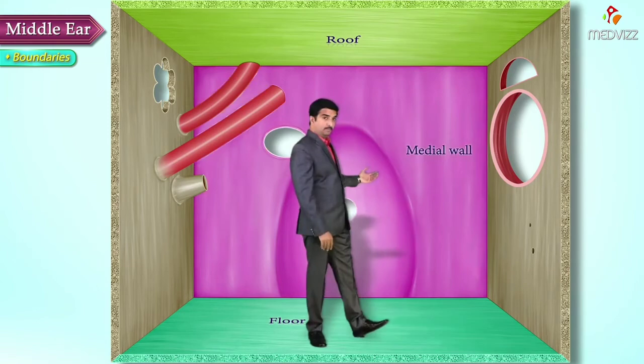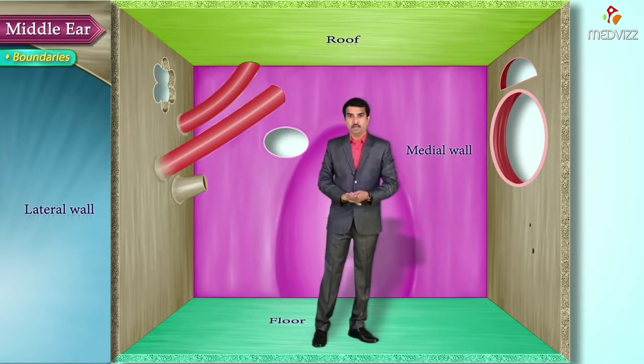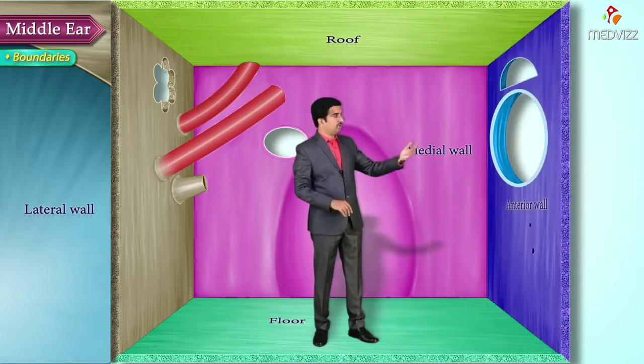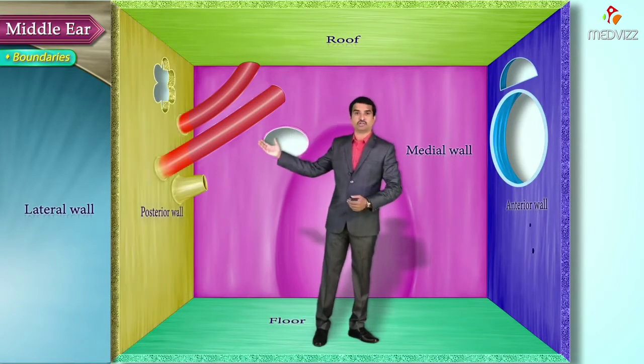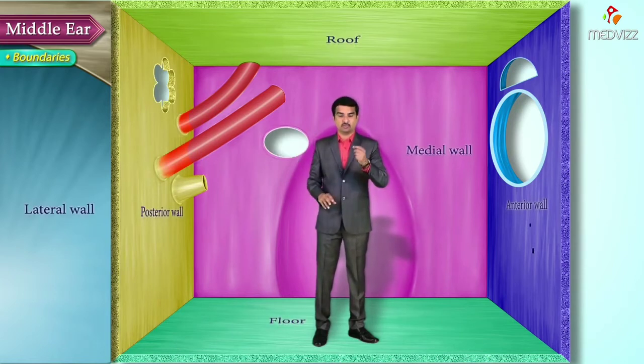This is the medial wall, and the lateral wall is open, which is formed by the tympanic membrane, and it also has the anterior wall and the posterior wall. So like this, the middle ear totally has 6 walls. Now we have to discuss what structures are formed when we talk about these boundaries of the middle ear.